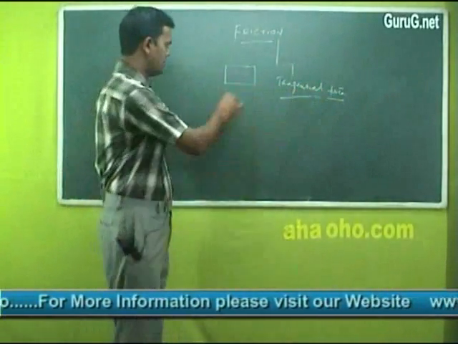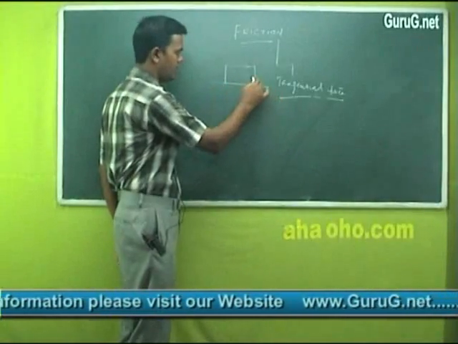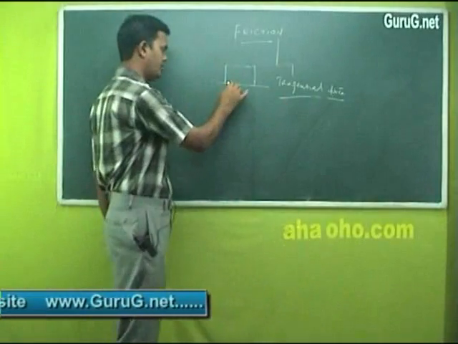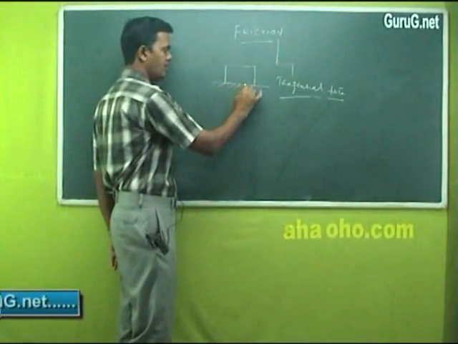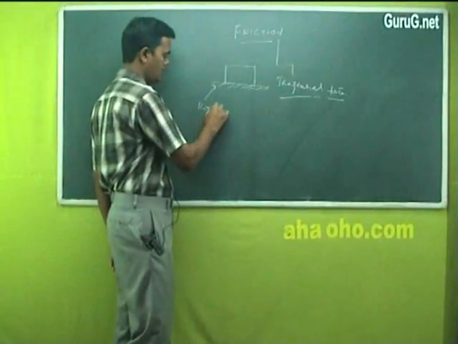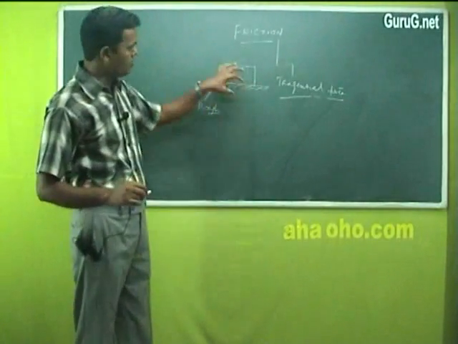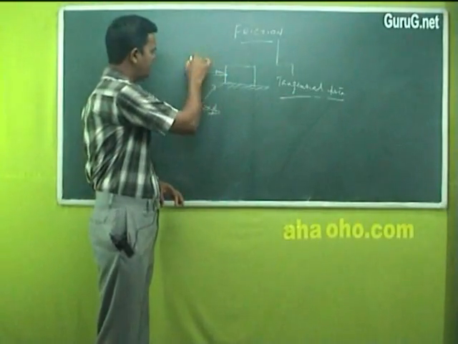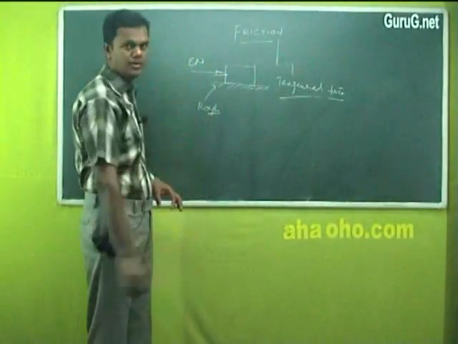Is it not? Because say for example, I am just keeping a block, say this is a duster, or a stone, whatever it is, on a rough surface. This surface is a rough surface, right? I just want to move this body by applying a force of say 8 Newton or 10 Newton, whatever the value is.